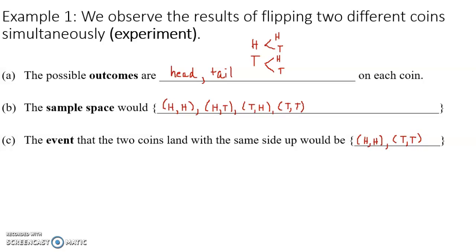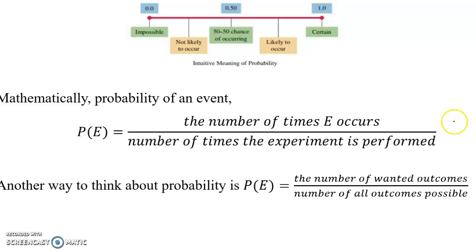Now we're going to use what we're finding here to calculate probabilities. And an intuitive, a visual look at probability is this continuum that goes from a probability of 0.